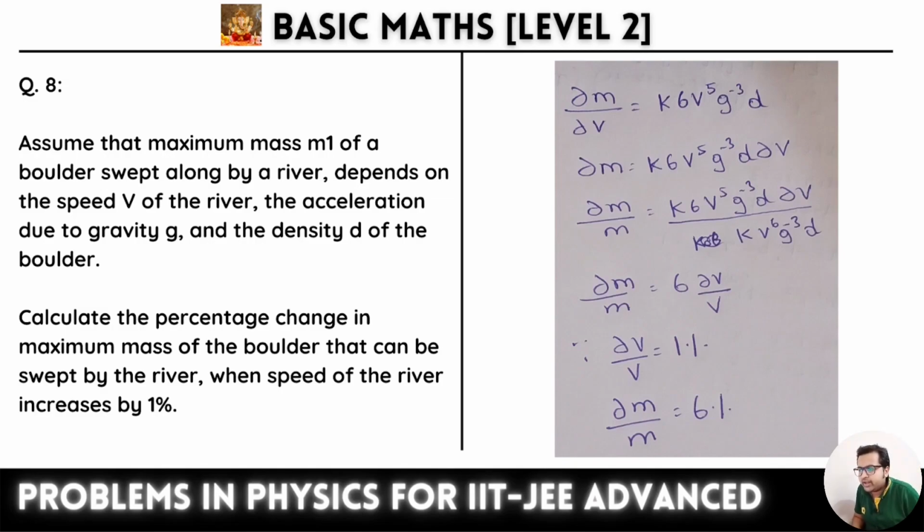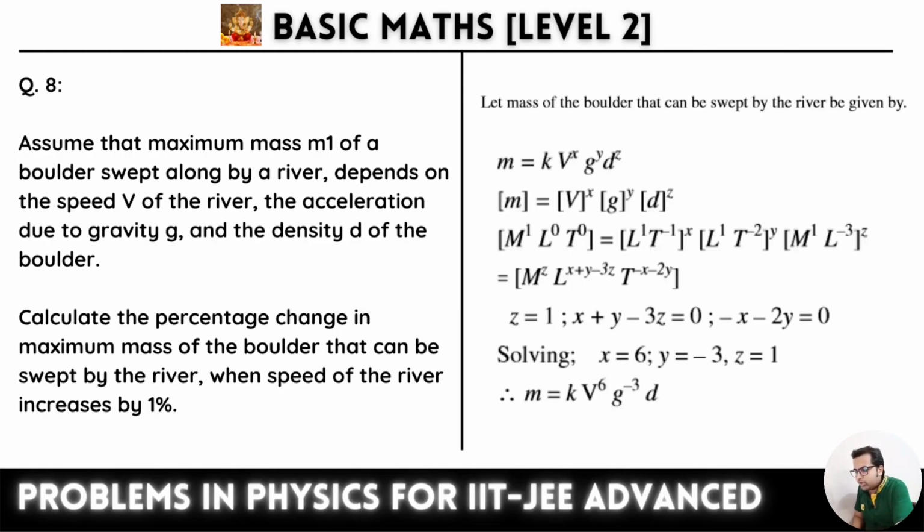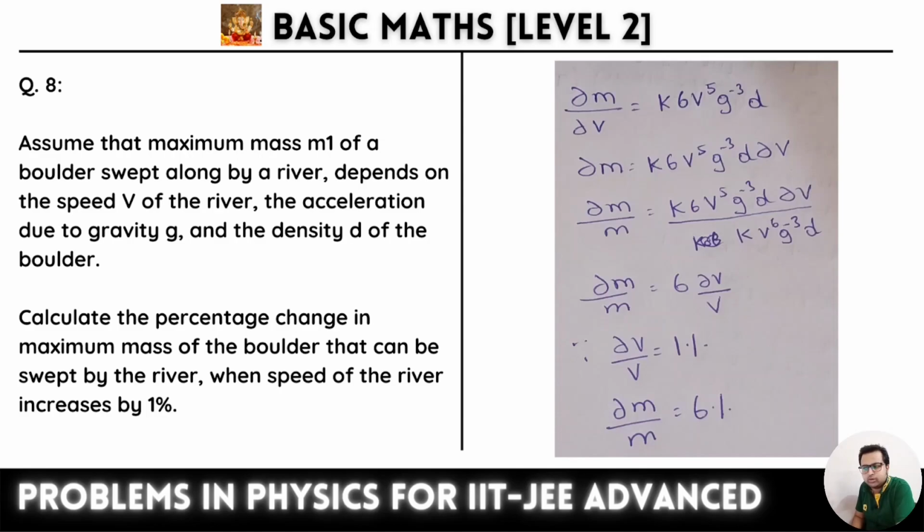Now we are dividing it by m. So delta m upon m is equal to, now in the right hand side instead of m we are putting the formula. So what is m? k v^6 g^-3 d. So that we are doing, and we do some cancellations. So k will cancel and the other parameters will cancel. So finally we get delta m upon m is equal to 6 delta v upon v.